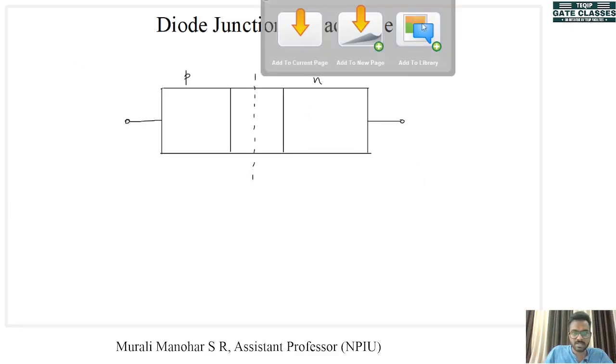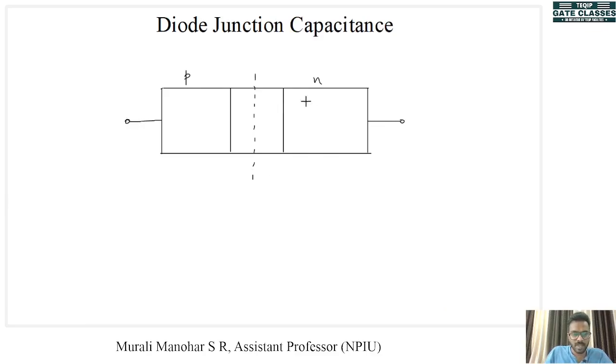What is there in the junction? There is the depletion layer, and we know that depletion layer has ions. Those are charged atoms. So here on the p side it will be negatively charged ions, and on the n side it will be positively charged ions.